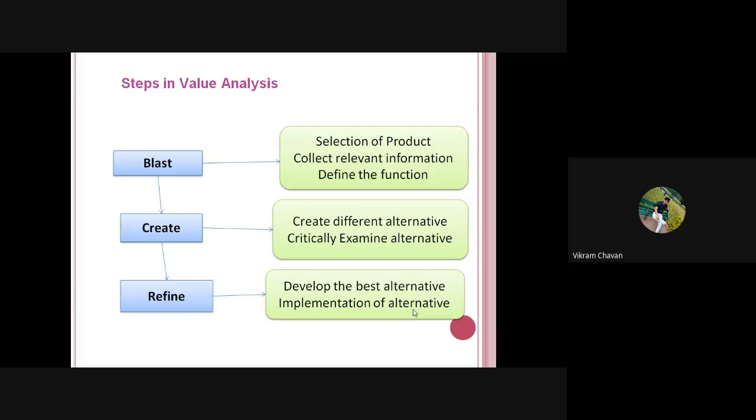The three stages are blast, create, and refine. Under blast, we carry out selection of a product, collecting relevant information, and defining the function. Under create, we create different alternatives and critically examine them. And the last step is refine, where we develop the best alternative and implement it.